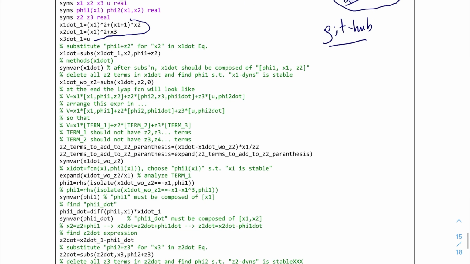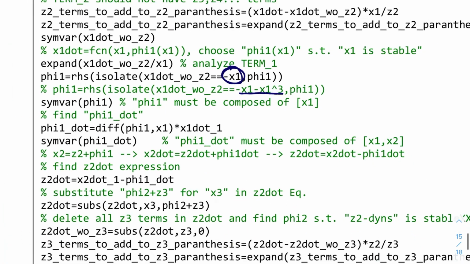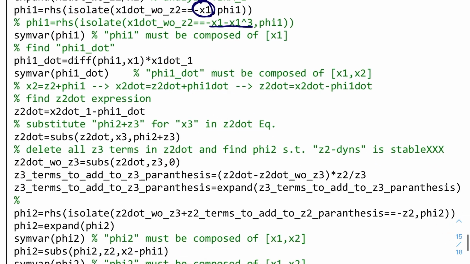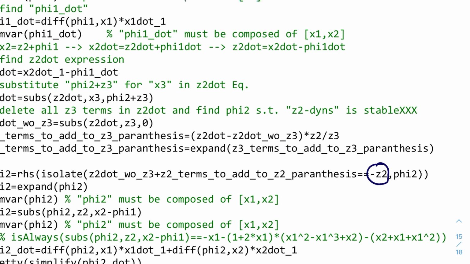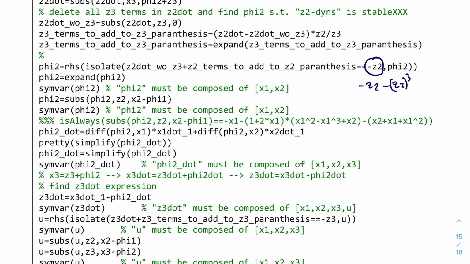For example, this part is a parameter choice, and this is also a choice. For example, we could have written z2 minus z2 cube. And this is also a choice.